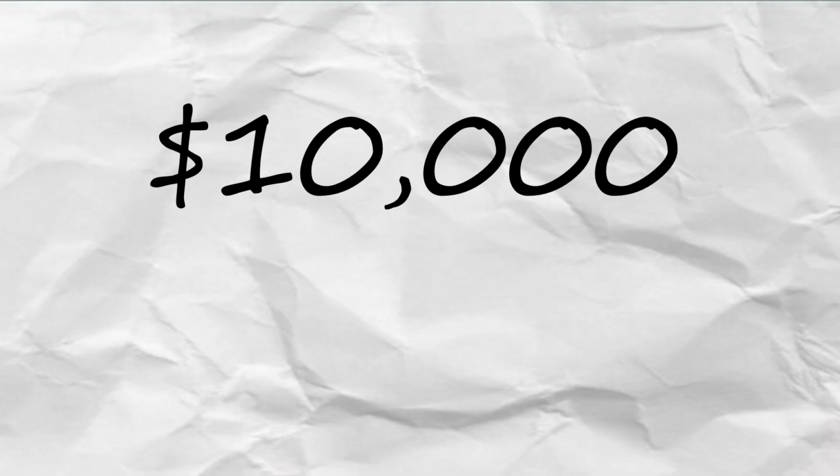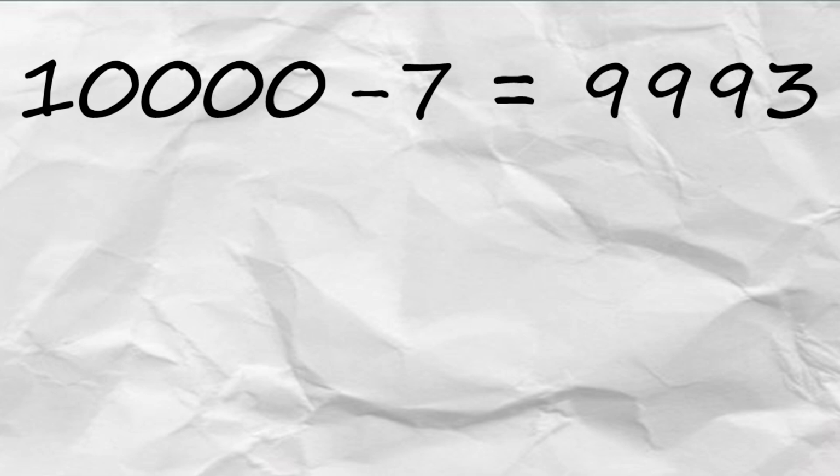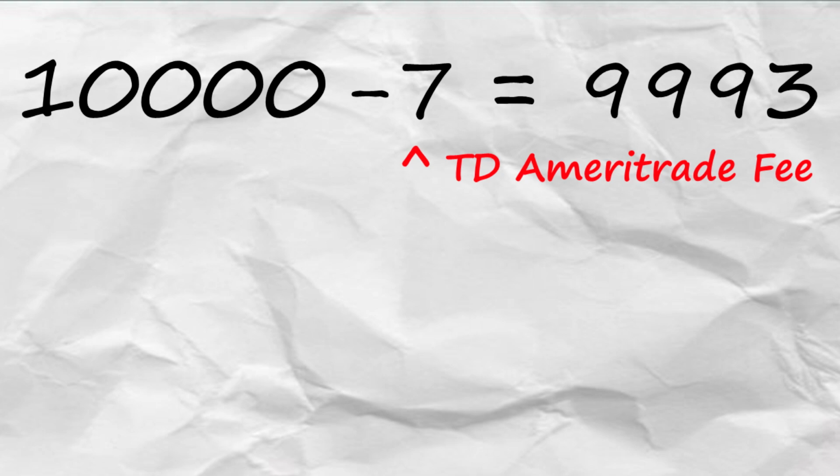So you've got $10,000, and let's say you want to buy shares of Coke. The current price of Coca-Cola, or KO, the stock ticker, when I was recording this is $51.73. So you're going to want to take $10,000 and subtract 7 from that. That is the typical flat rate that online brokers like TD Ameritrade will use.